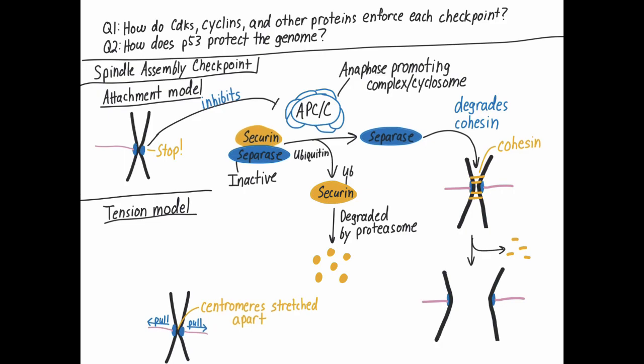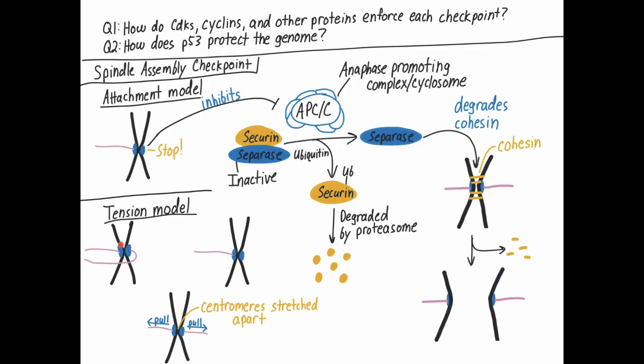However, it's possible that only one kinetochore is bound by a spindle fiber, as shown here. It's also possible that only spindle fibers from the same side attach to both kinetochores of a chromosome, as shown here.